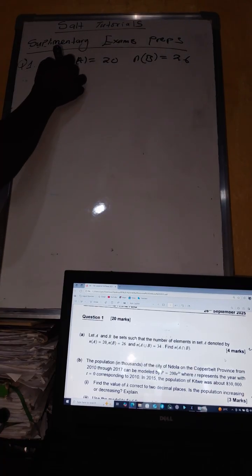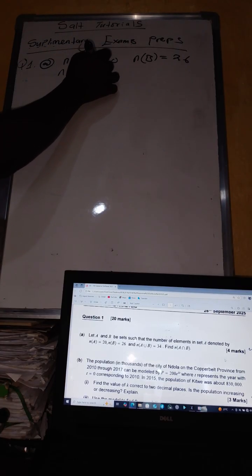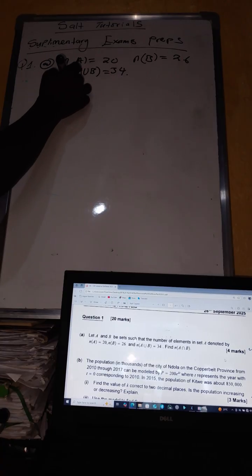Question number 1A is talking about: let the number of elements in A be equal to 20, the number of elements in B be equal to 26, and the number of elements in A union B be equal to 34. And what are we looking for? We are looking for the number of elements in A intersection B, which we do not know.